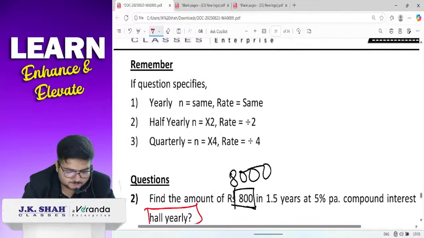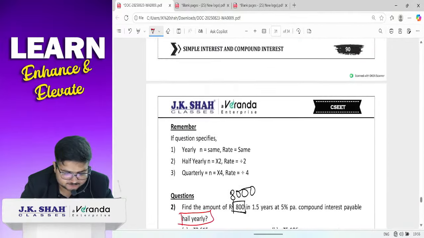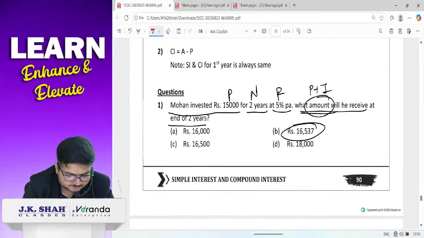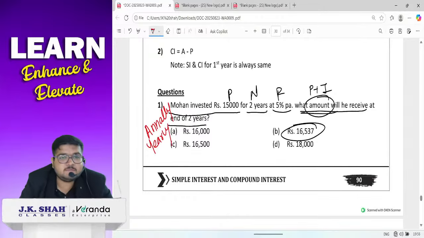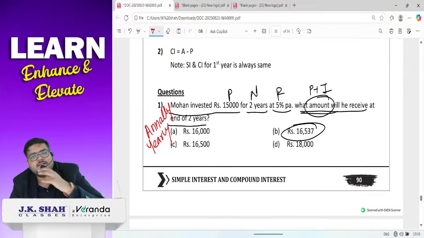I told you, the sums that we were doing, the first sum, was compounded annually, or you can say compounded yearly. If annually or yearly is mentioned, or nothing is mentioned, you have to use the annually or yearly method.